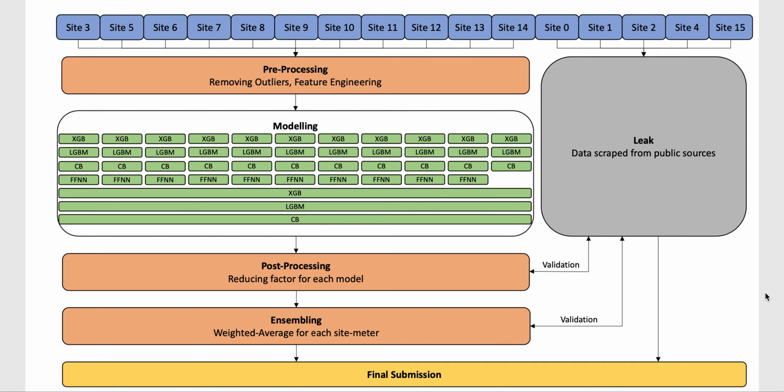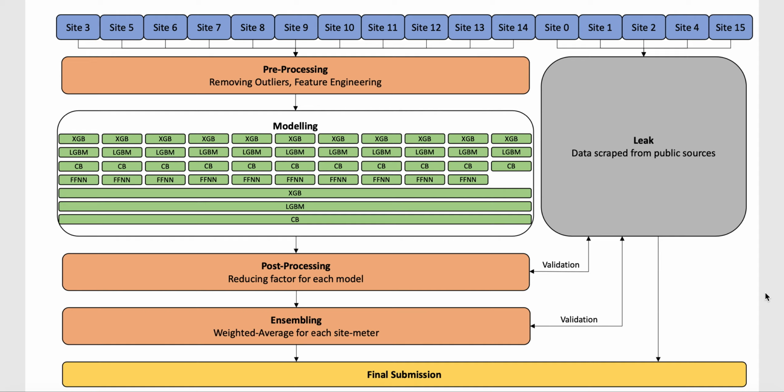Since these outliers would be present in the test data itself, it became important for the model's predictions to be scaled back to the original scale. That is the reason we applied a post-processing factor of value less than 1 for each of our models. The typical range of these values was between 0.75 and 0.98, and we found that values between 0.8 and 0.9 gave our best results.